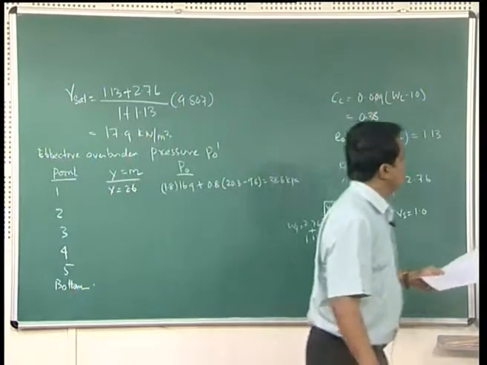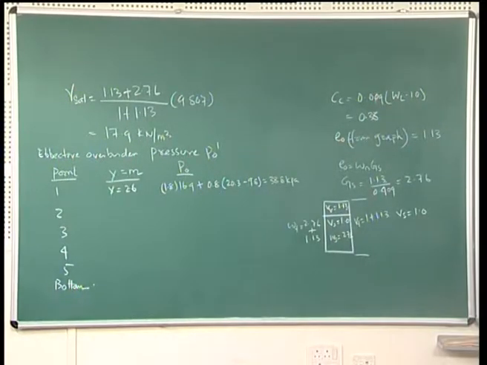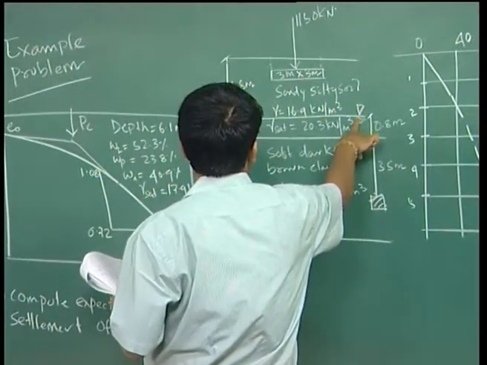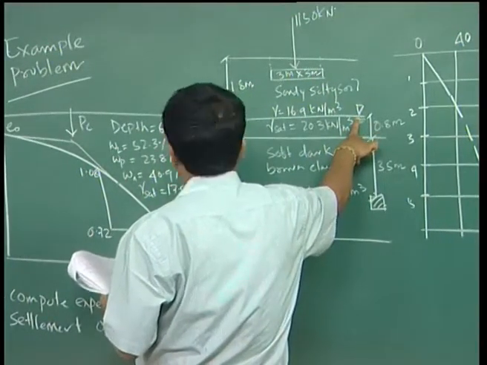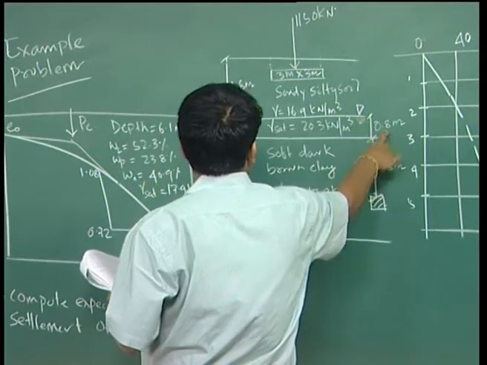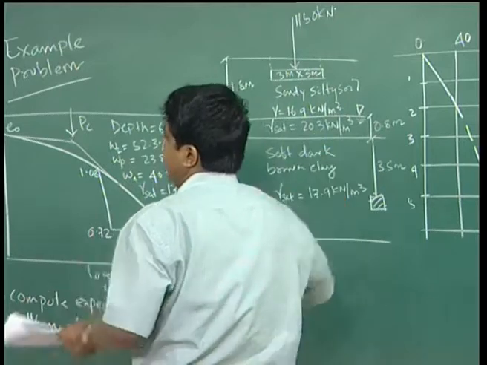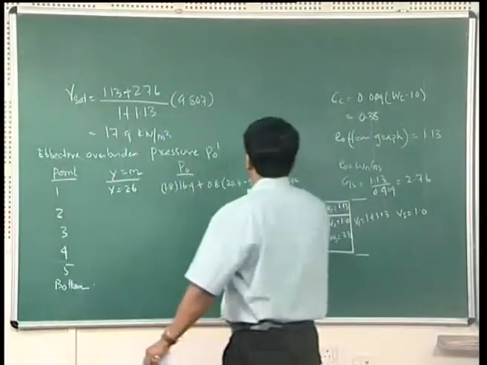So, this is giving 1.8 into 16.9, then this water table is at below 1.8. So, it is coming 0.8 meter into gamma saturated. Here it will be gamma submerged because water table is lying.